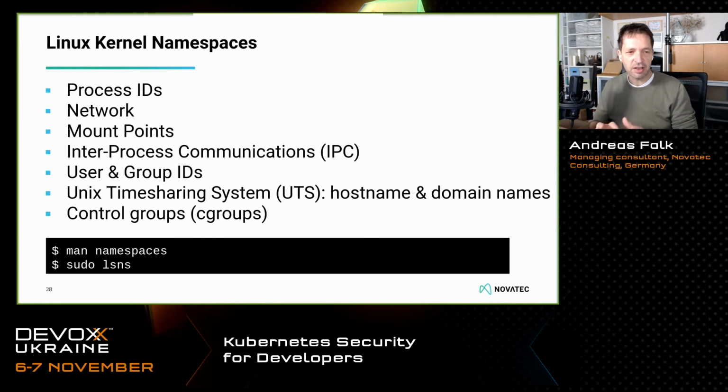Every container can have its own user and group IDs, and set its own host and domain names. So you typically see some ID as the host name set in a Docker container. Every Docker container has its unique host name set. And a control group, which controls what resources a container can consume, is also a namespace.